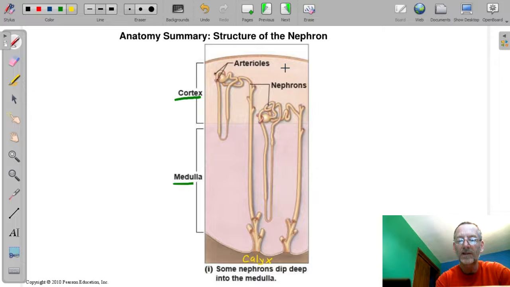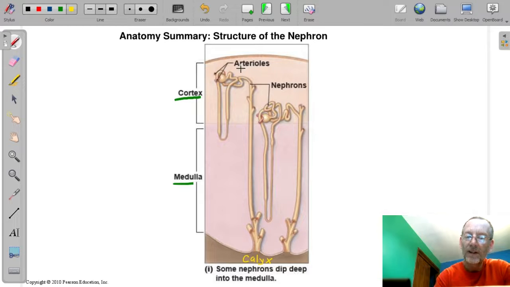But what this picture shows is not the blood vessel system. This is showing more the tubular system. At any rate, most of the nephron is in the cortex. Some of it descends down into the medulla.